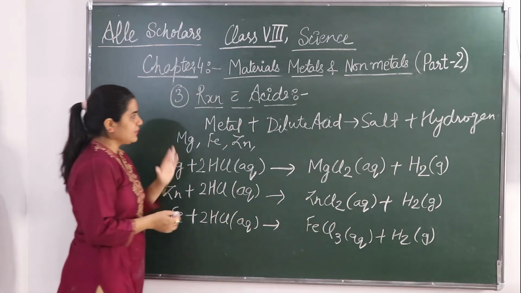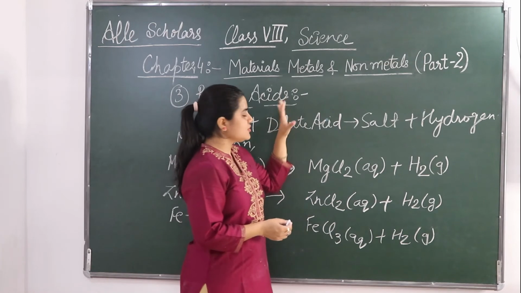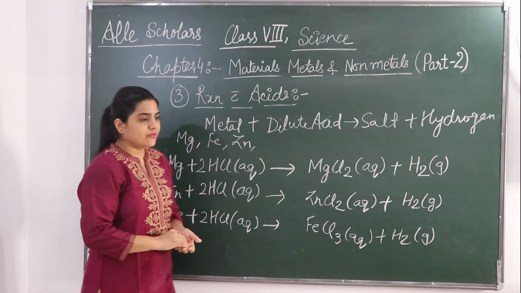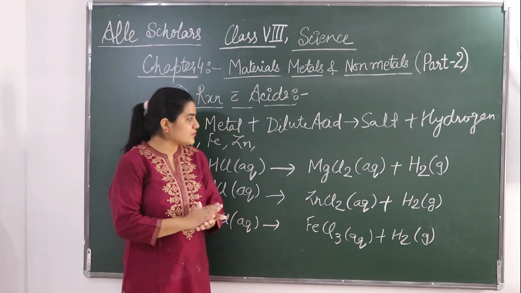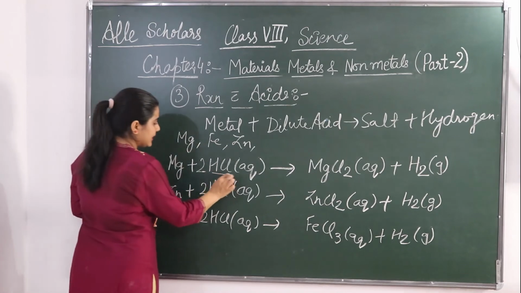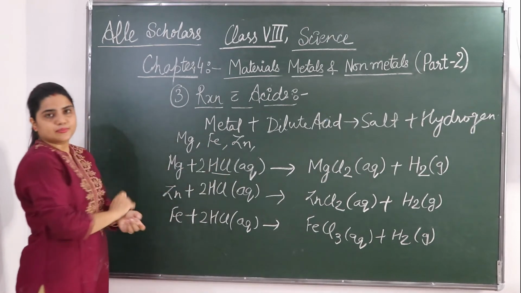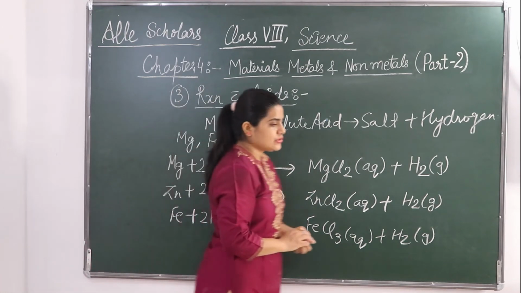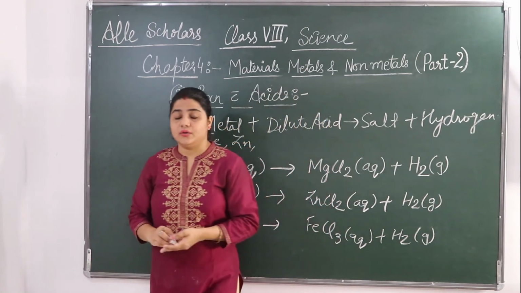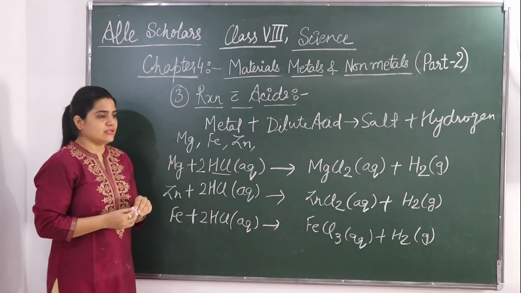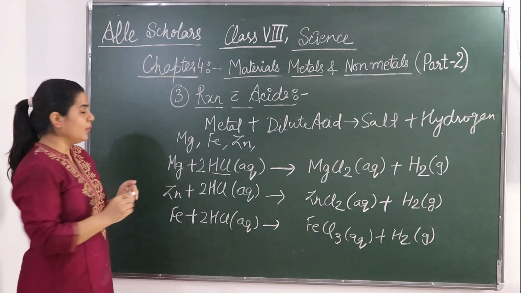Now the question is which metals do not react in this way. Hydrogen gas is not evolved when a metal reacts with nitric acid. When the metal reacted with hydrochloric acid, hydrogen gas was released, but when a metal reacts with nitric acid, hydrogen gas will not be released. Why is it so?